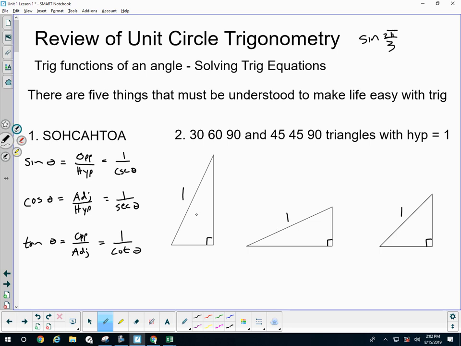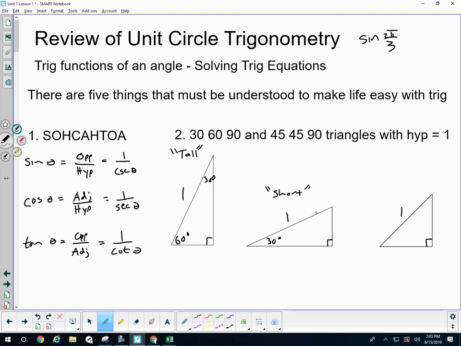These are two of the same triangles, just oriented differently, okay? This is what I consider the tall 30, 60, 90 triangle. This is what I consider the short 30, 60, 90 triangle. Now, the bigger angle is opposite the bigger side length, vice versa.